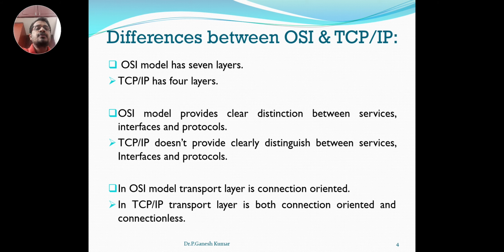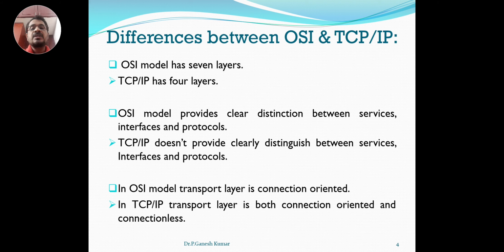The OSI model provides a clear distinction between services, interfaces and protocols. It means there is a clear distinction between what the services are. For example, what services the physical layer provides, what services the data link layer provides. Each and every layer has separate, distinguishable services.